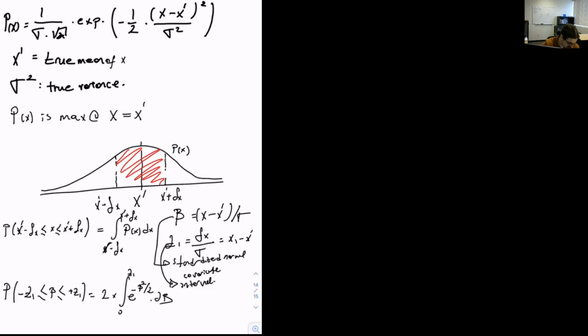This solution is given in table 4.3. So here's my normal distribution of probability.